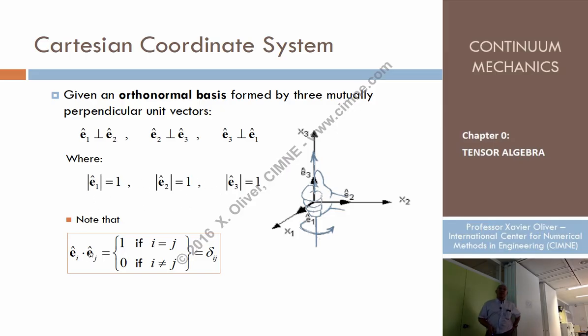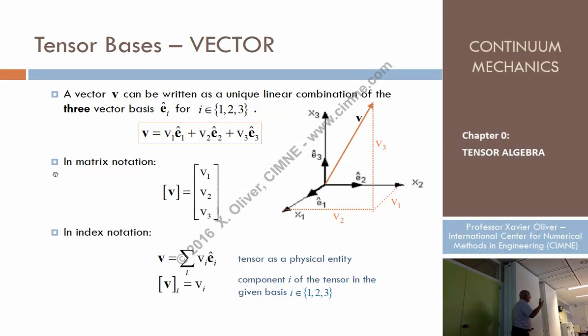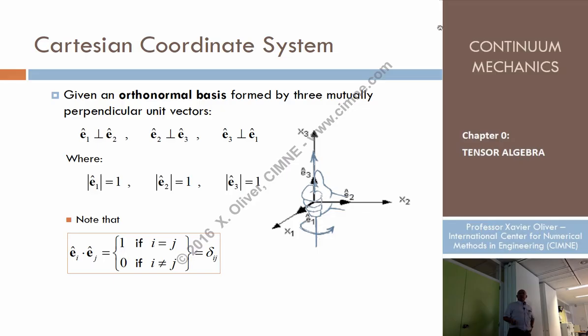And then there is a property that we'll use: if we take the scalar product of any of these, ai times aj, it is 1 if i is equal to j, so if multiplied by itself, or 0 otherwise, because the scalar product of two orthogonal vectors is 0, as you know.